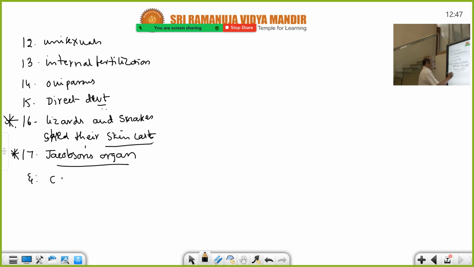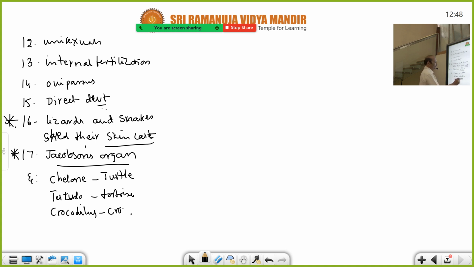Examples: Chelone, turtle. Testudo, tortoise, the land form. This is the sea, marine form. Crocodilus, mugger. Yesterday's Clarias is magur.